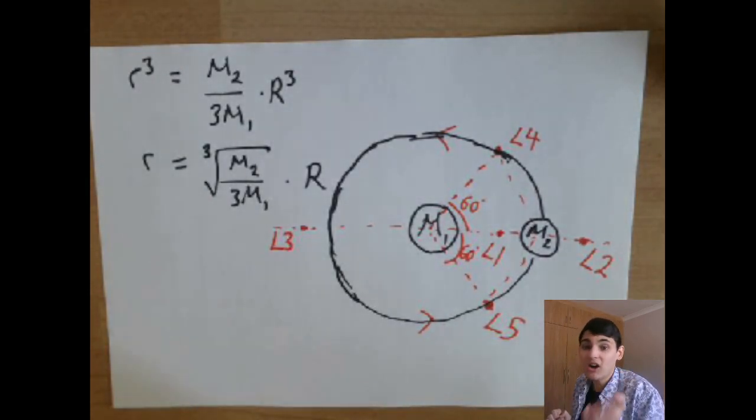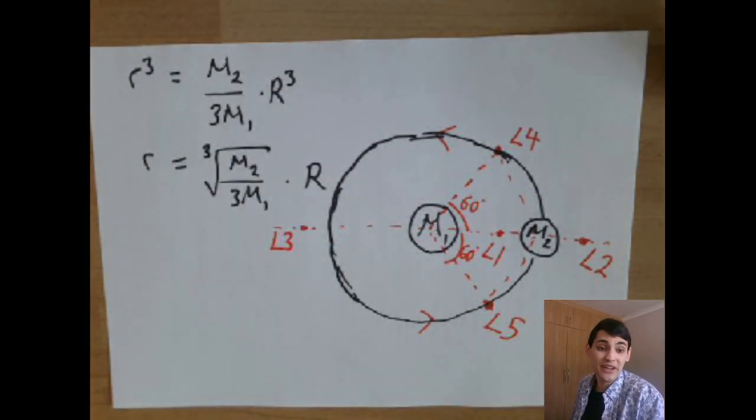Mars also has Trojan asteroids, I believe, but these are Trojans with a lowercase t, and the reason is that Jupiter's were discovered first and given a capital T, but then the Martian ones were discovered afterwards, and scientists were like, well, we can't name them the same thing because that would be confusing, so we'll just lose the capital, and that'll make everything clear.